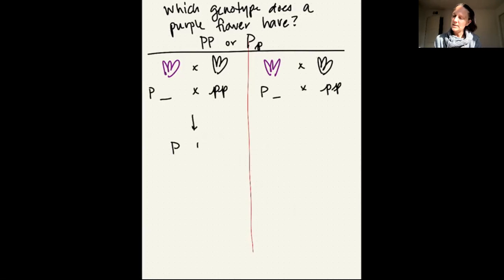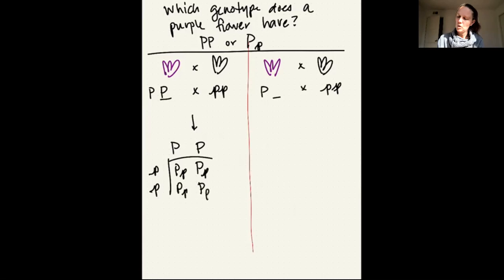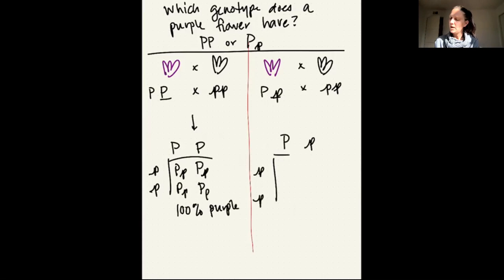If it was homozygous dominant, big P, big P, then our outcome would be 100% purple flowers, all heterozygous. If that purple plant was a heterozygote, we would get a Punnett square that was fundamentally different.